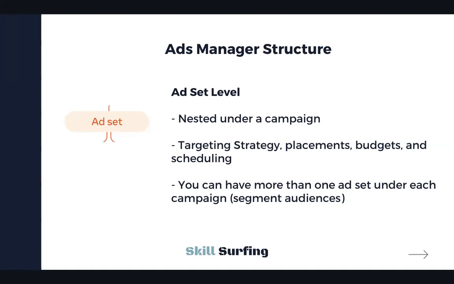You can also have more than one ad set under each campaign, and this is very important for you to think about segmenting audiences. So you can have a different audience for each ad set, and you can have a different visual for each ad set. This is where you really go in depth and try to do specific messages that resonate with a specific audience.